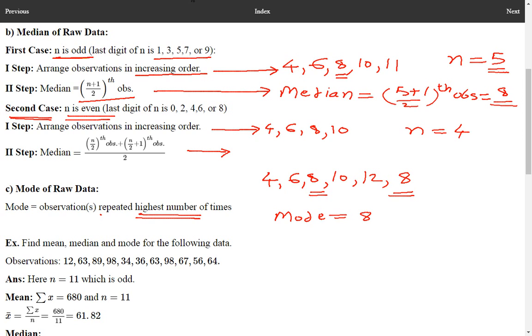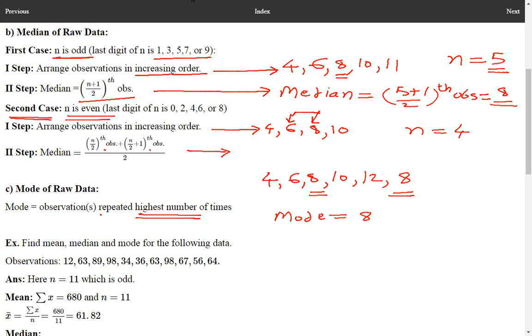Can we find middle value? Can we say 6 is middle value or 8? No. Rather we can say 6 is left middle and 8 is say right middle. As we cannot exactly or precisely identify, we have to take their average. So average means n by 2th observation which is left middle and n by 2 plus 1th observation which is right middle.